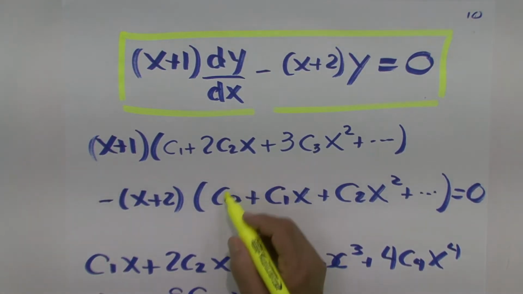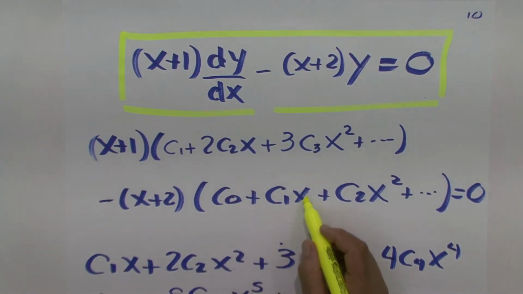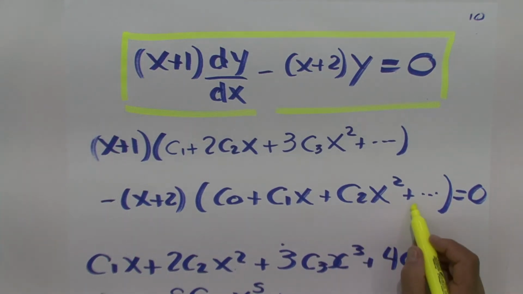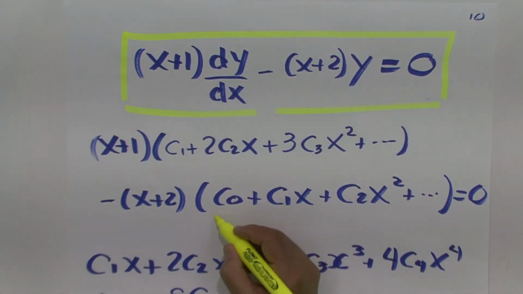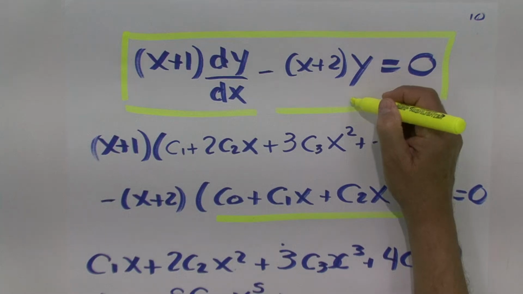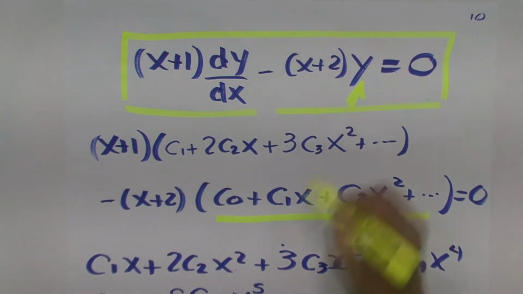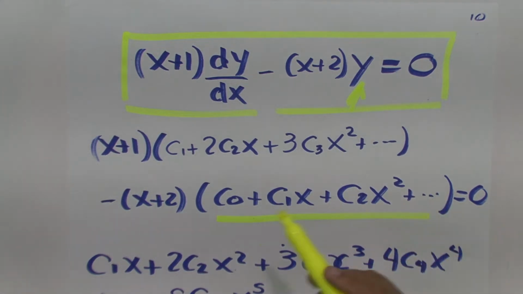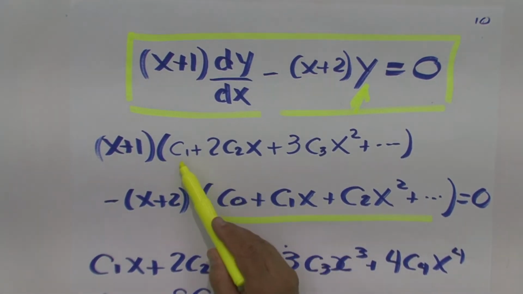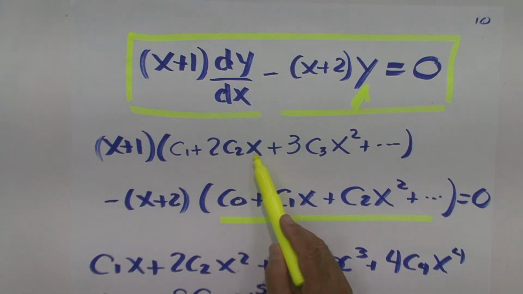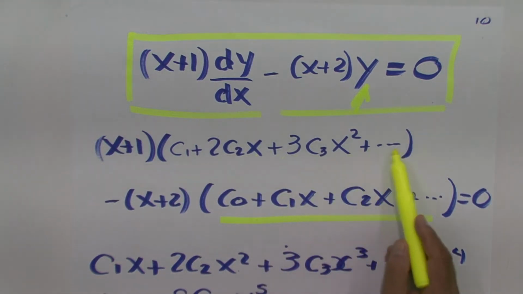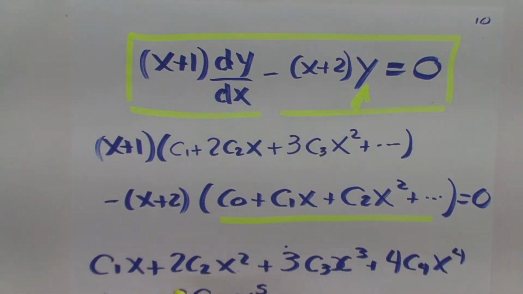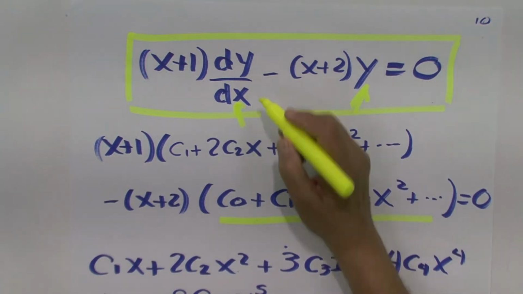The series is C0 plus C1x plus C2x squared plus whatever. So this is the function. I already put the series here. And now I take the first derivative of this. I get C1 plus 2C2x plus 3C3x squared, the same way we did before, and I put it here.